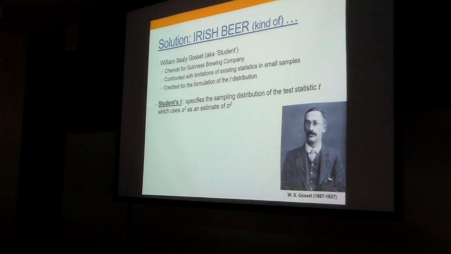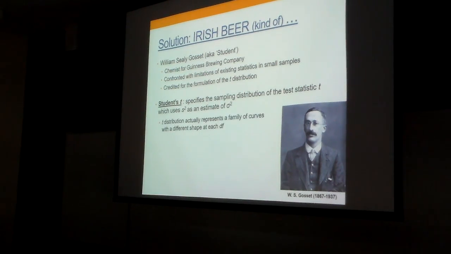We've got a new distribution, and this new distribution is a t distribution, right? And if we know what that t distribution is, we can start to make adjustments to correct for the fact that for any individual sample, our sample variance is going to be an underestimate of the population variance.